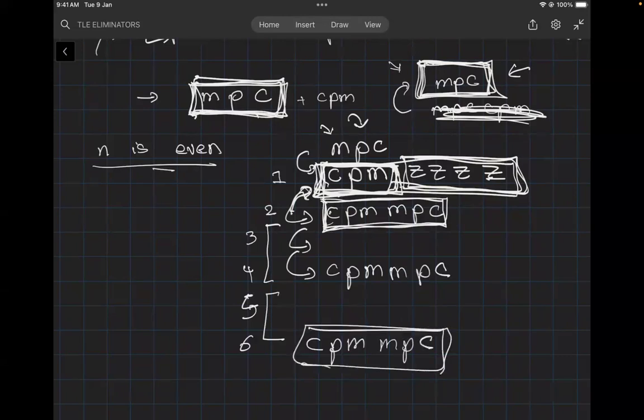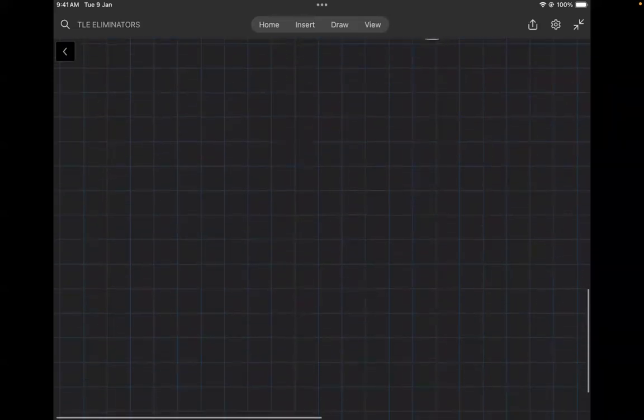And since CPM MPC is smaller than MPC, that is my answer. Do you guys get the solution? Put a yes in the chat if this much is clear.